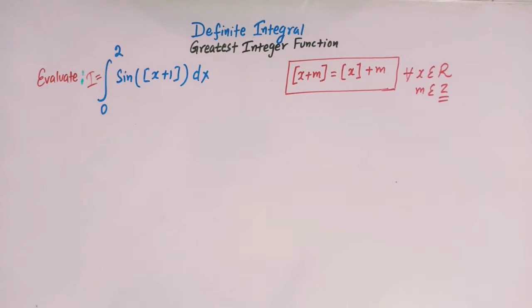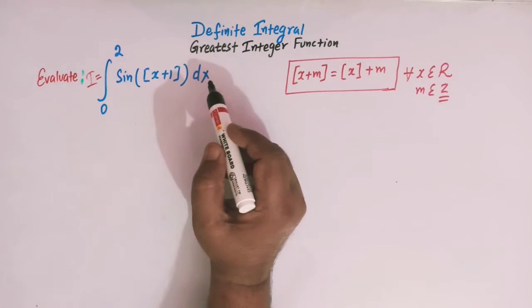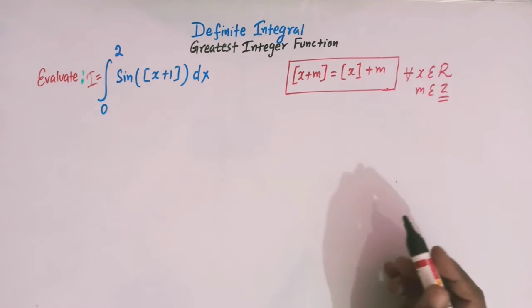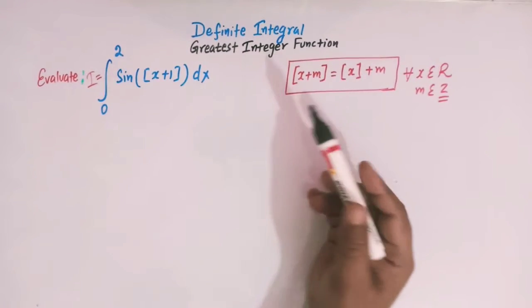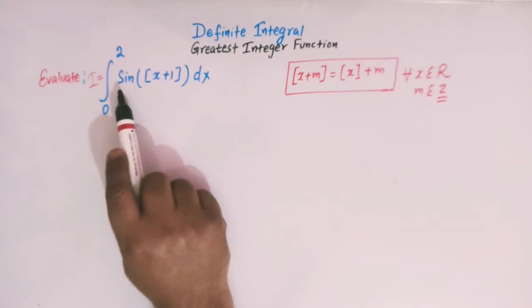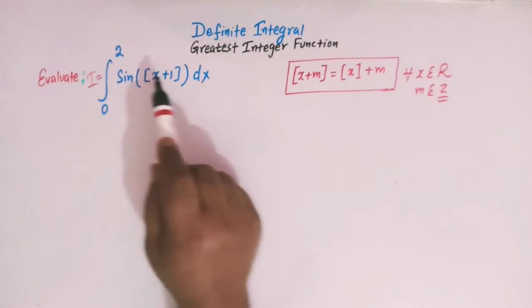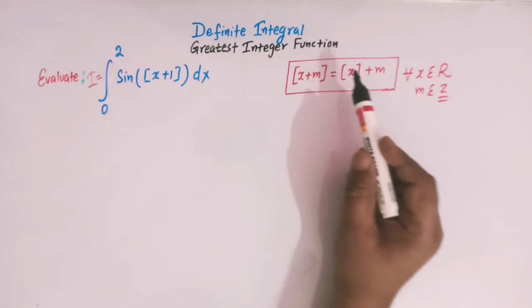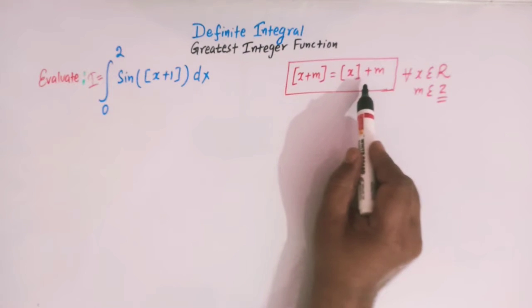In our previous lectures in definite integrals, we have solved integrals by different methods, that is, by the method of substitution and by the method of inequalities. But here we are not going to solve this integral by substitution. Here we'll make use of this property.